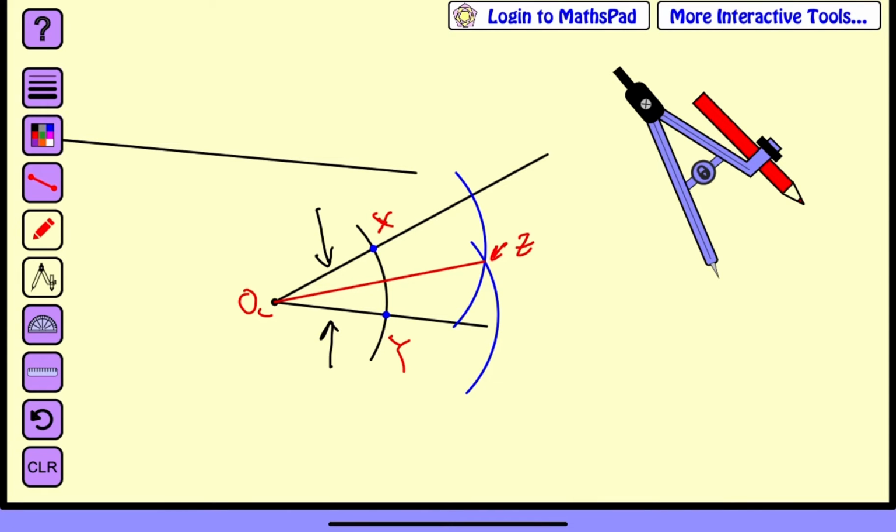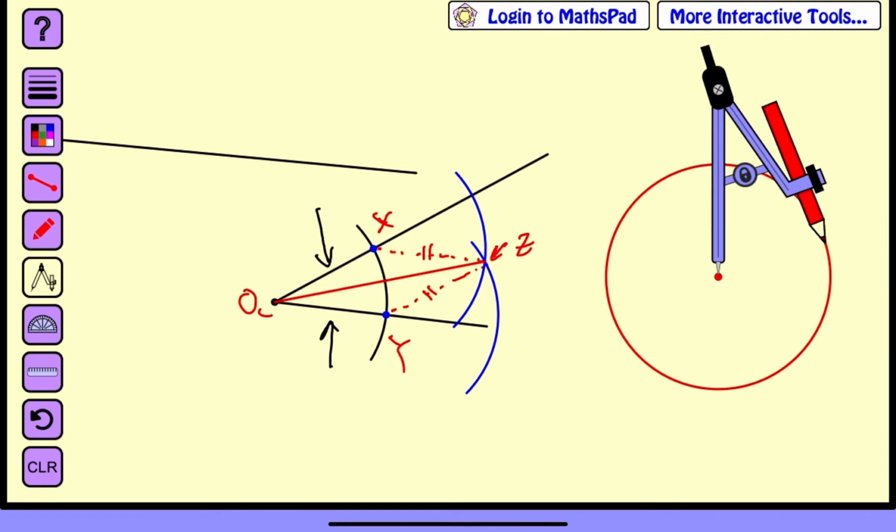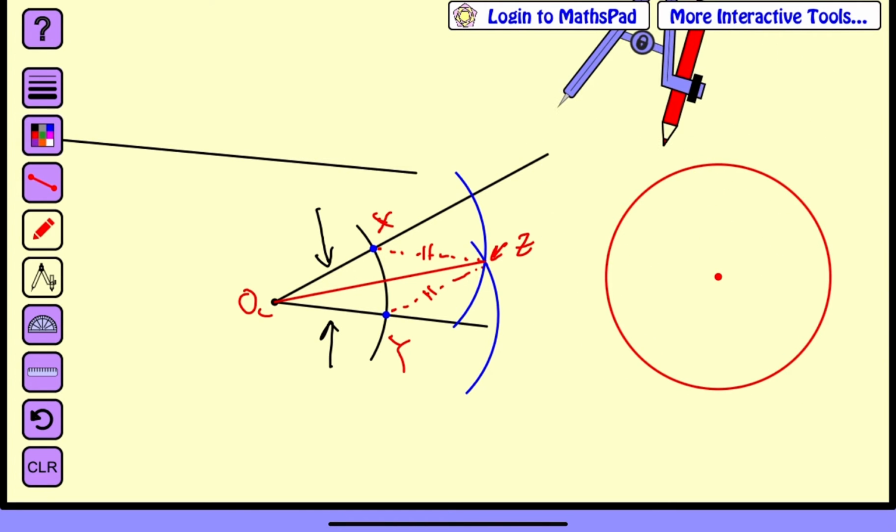In other words, the distance from here to here and the distance from here to here are also equal, because I use the same fixed arc to draw it. It's actually the radius that is fixed, but I draw it on different sides.